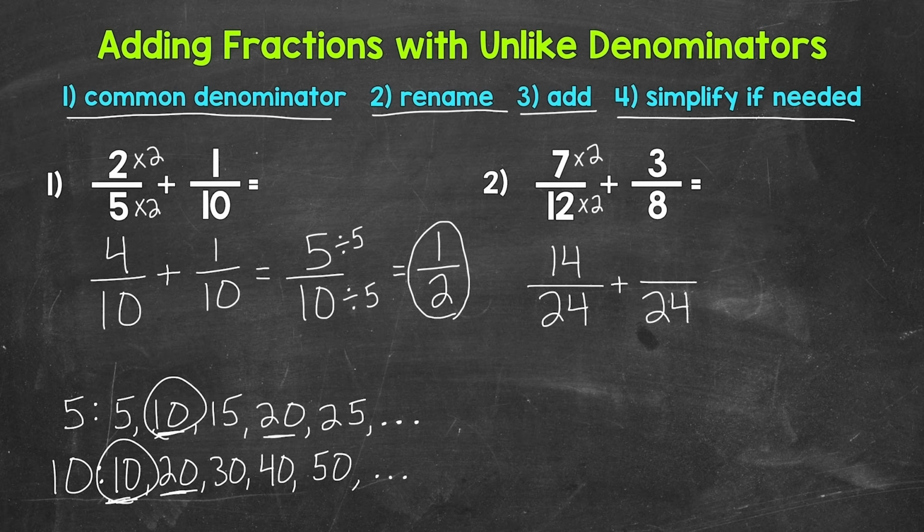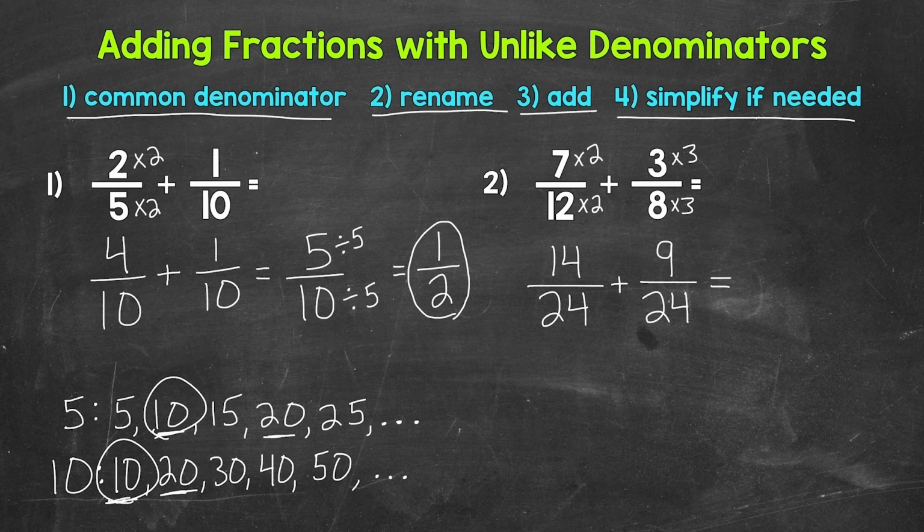How do we get 8 to equal 24? 8 times 3 gives us 24. So we need to do that to the numerator as well, multiply by 3. 3 times 3 gives us a numerator of 9. So 9/24. And now we have both fractions renamed with that least common denominator of 24.